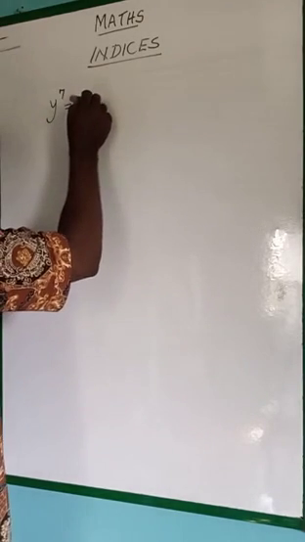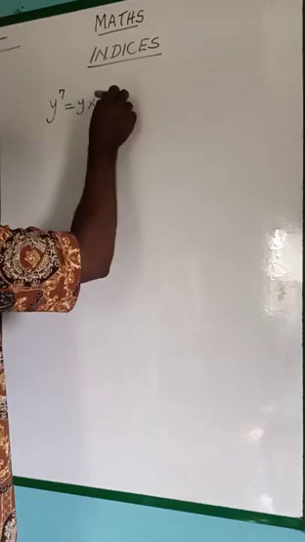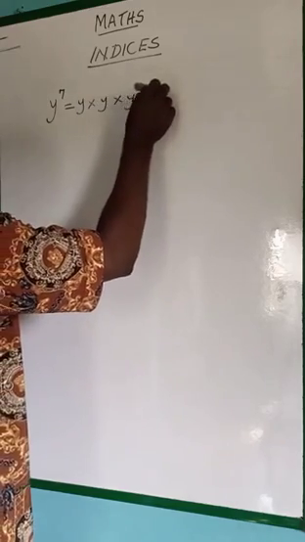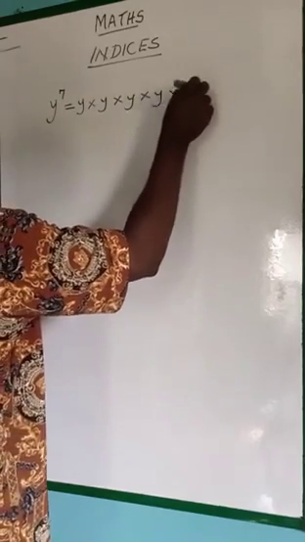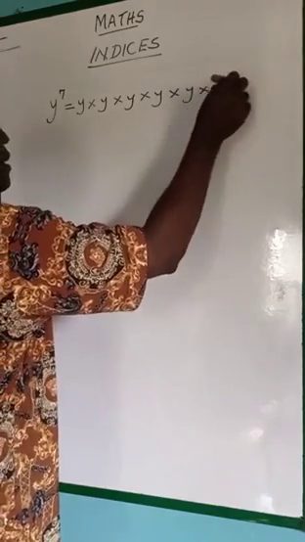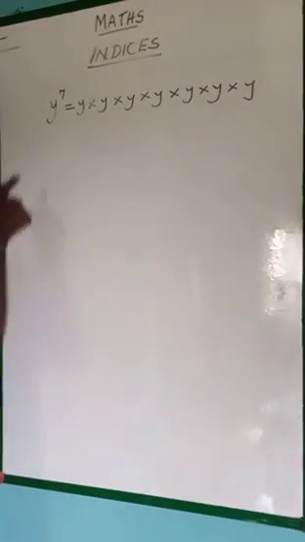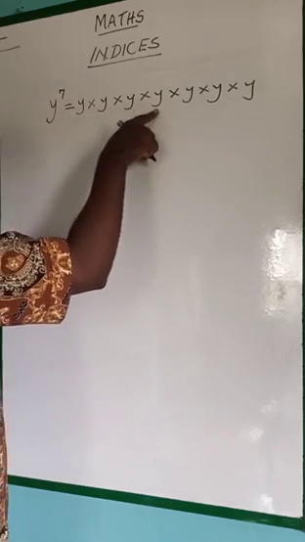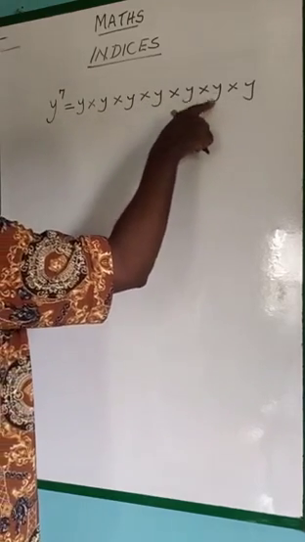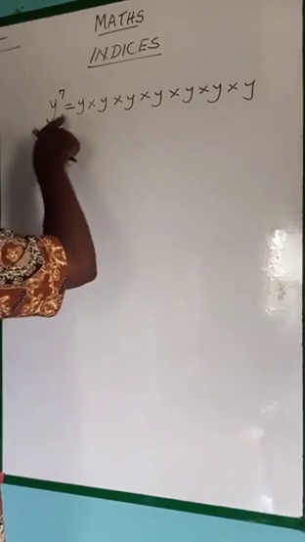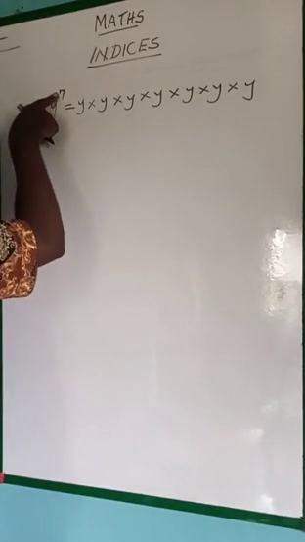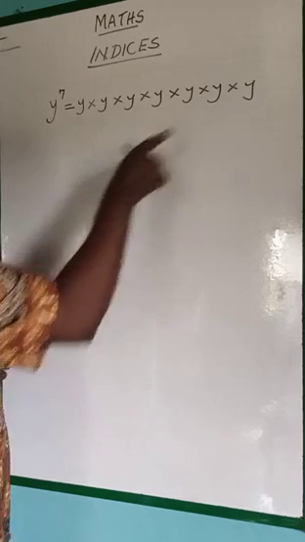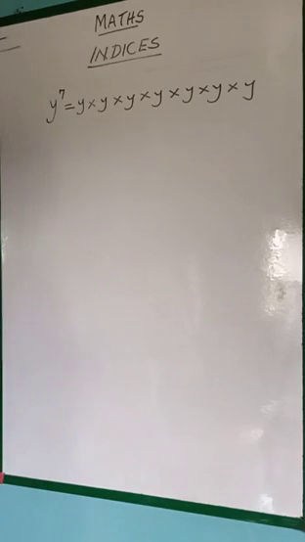Y into 7 places, all multiplied. 1, 2, 3, 4, 5, 6, 7. So it means y times y times y times y times y times y times y. That is y into 7 places, all multiplied. That is what it means.